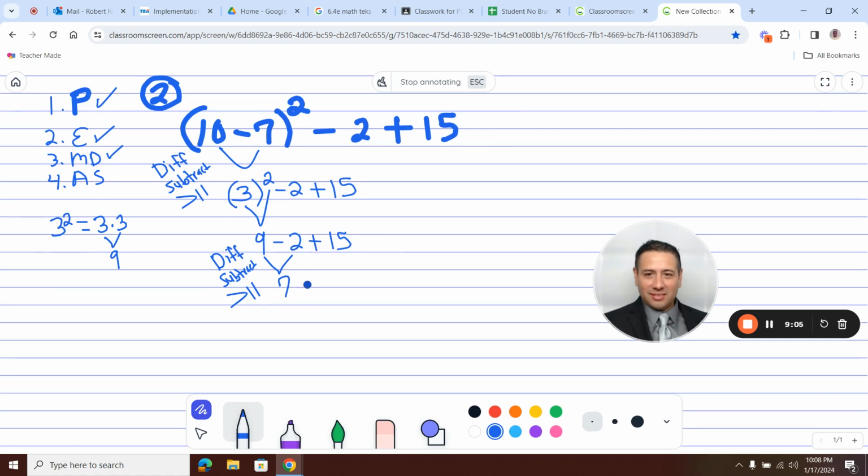Done with those two, this comes down. 7 plus 15 will be 22. You can go to the side to make sure. 8, 9, 10, 11, 12, 22. This is number 2.